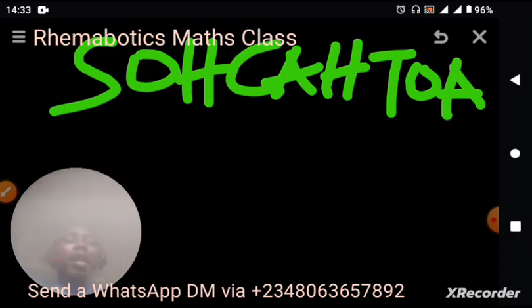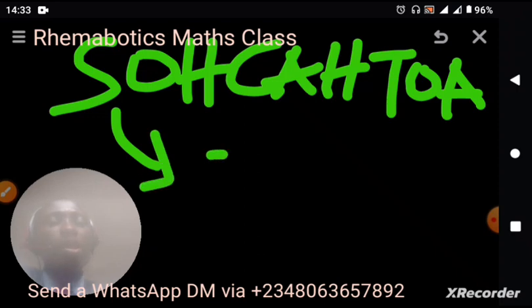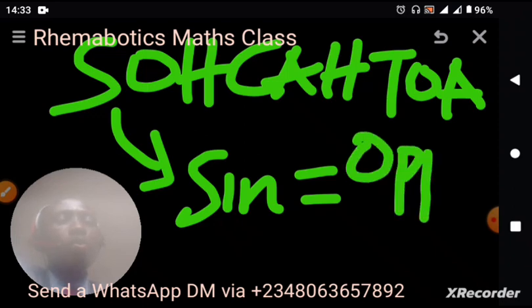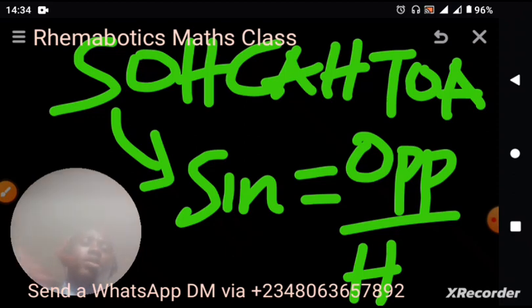The first one is sine. Sine is equal to opposite over hypotenuse. So you can see your SOH. S is sine, O is opposite, and H is hypotenuse.